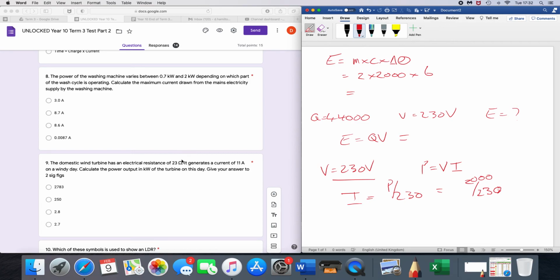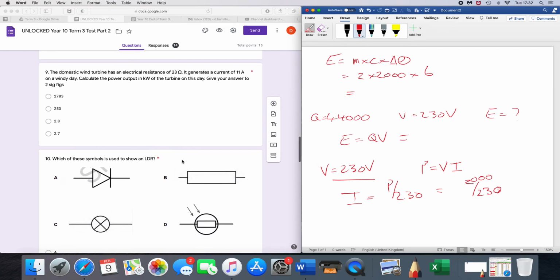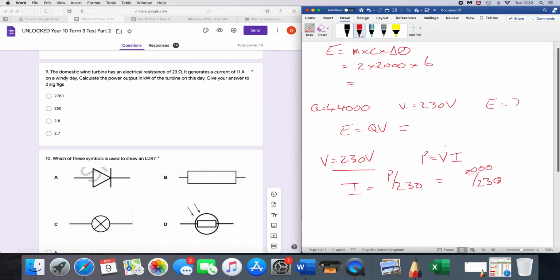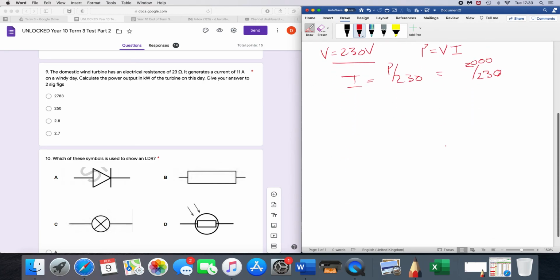Question 9. Domestic wind turbine has an electrical resistance of 23 ohms. Generates a current of 11 amps. So we have a resistance of 23 ohms. We have a current of 11 amps. And we want the power.